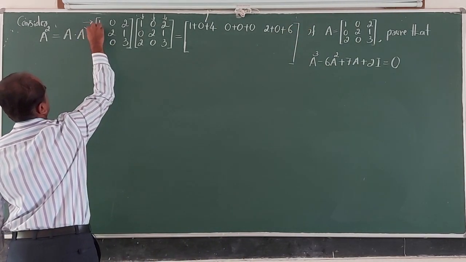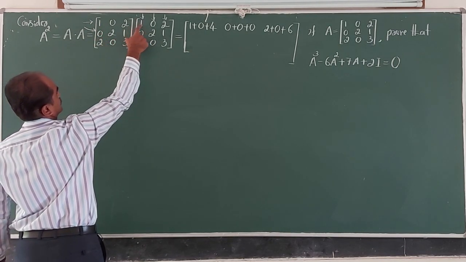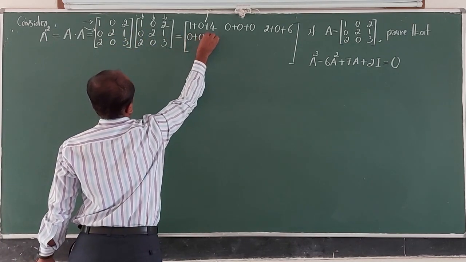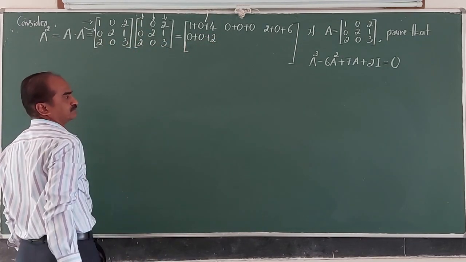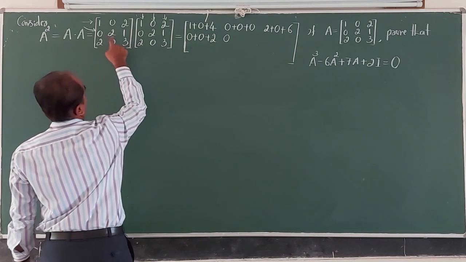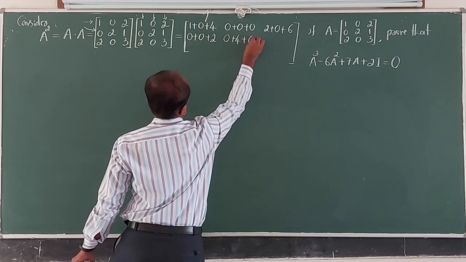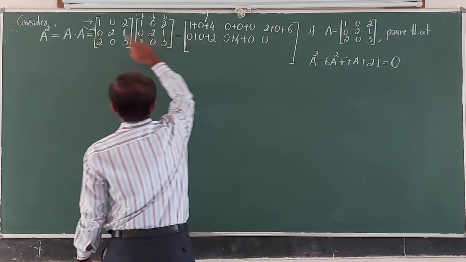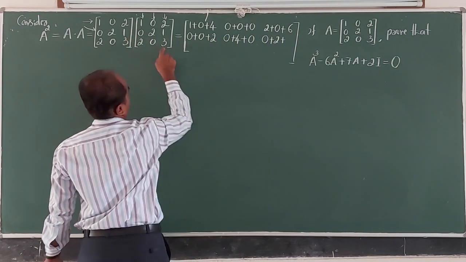Take second row elements now, 0 2 1, with the first column elements: 0 into 1, plus 2 into 0, plus 1 into 2. Second row, first column. Second row, second column: 0 into 0, plus 2 into 2, plus 1 into 0. Second row, third column: 0 into 2, plus 2 into 1, plus 1 into 3.